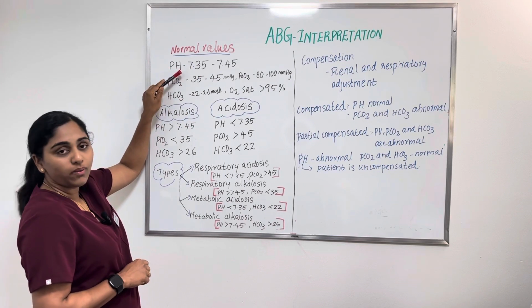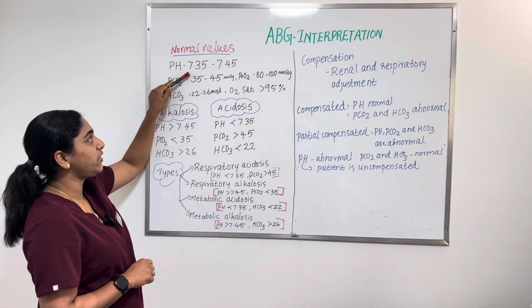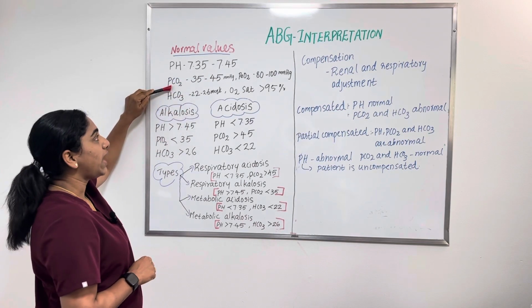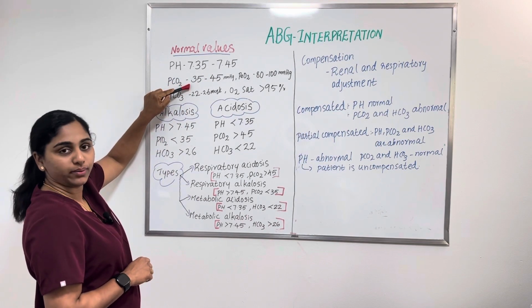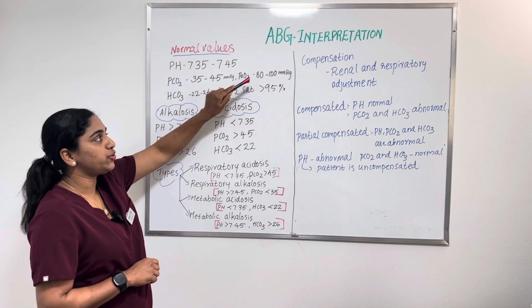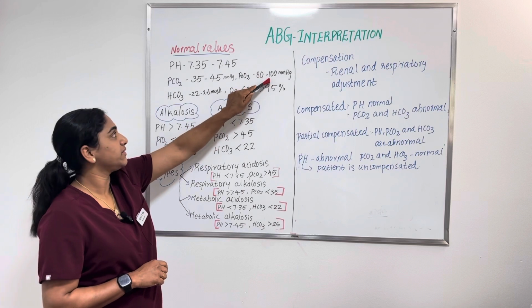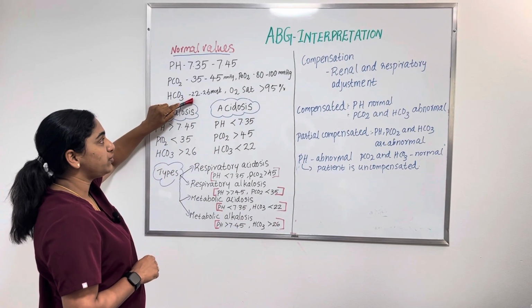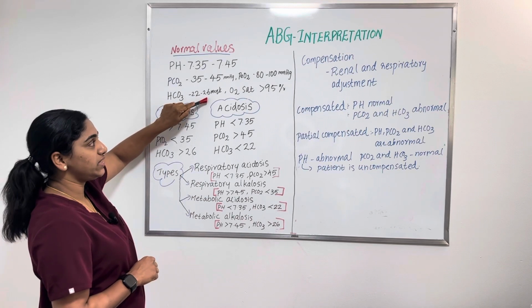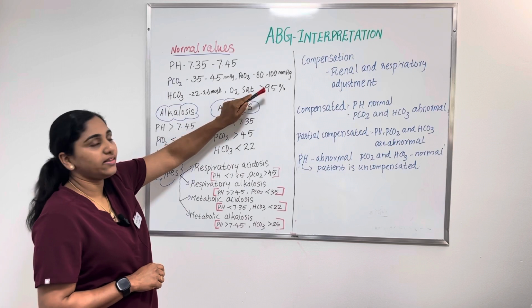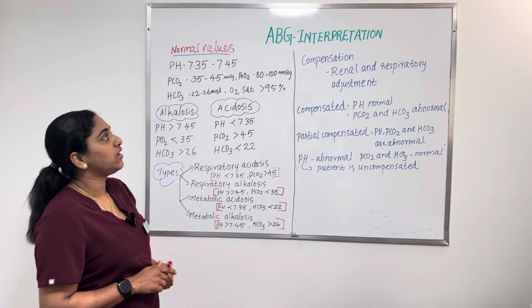The normal value of pH is 7.35 to 7.45. Carbon dioxide should be between 35 to 45. Oxygen should be 80 to 100. Bicarbonate should be between 22 to 26. Oxygen saturation should be greater than 95%.